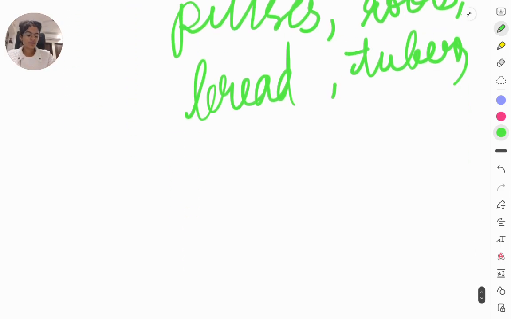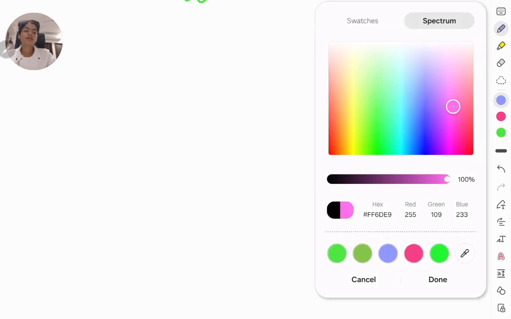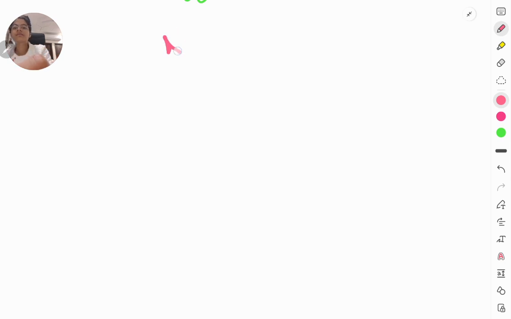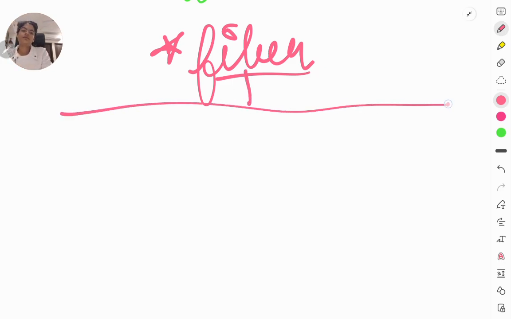Now let's see the fibers. Okay. Fiber is actually the complex carbohydrate which we can't digest, as we don't have the enzyme for it. There are two types of fibers.